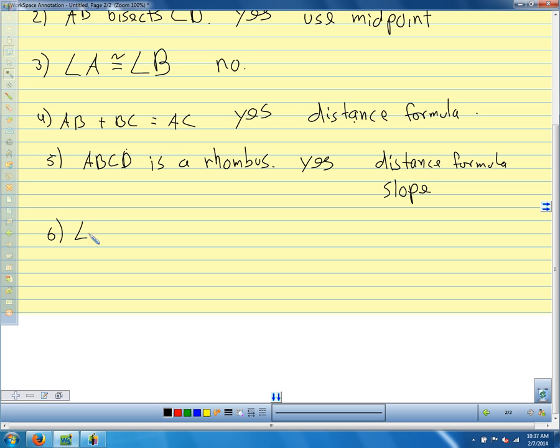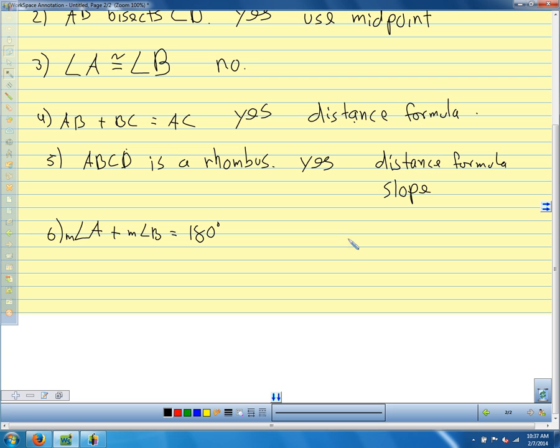Last one. Measure of angle A plus measure of angle B is 180 degrees. Could we figure that out using coordinates? Rand thinks yes. How would we figure out if this was a 180 degree angle? Negative reciprocals would mean perpendicular. So we could, if we had a special case.